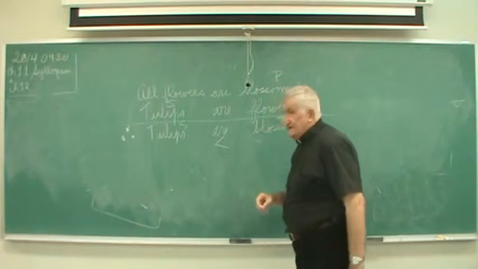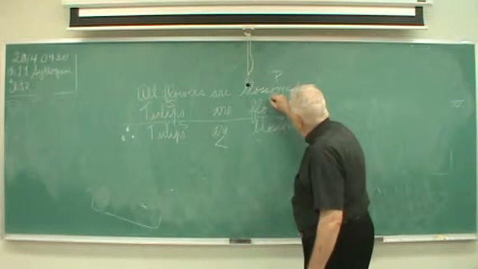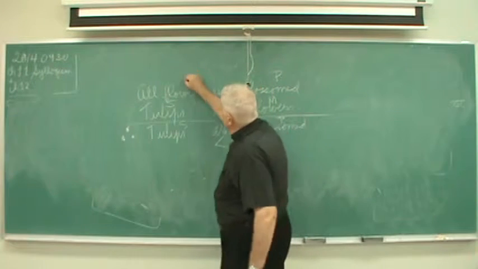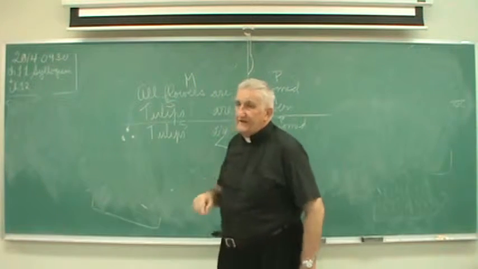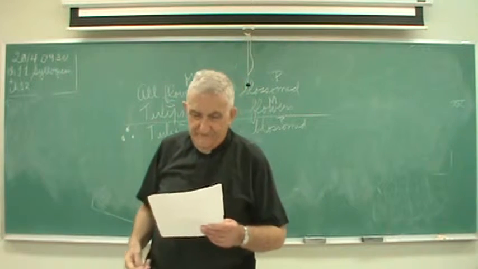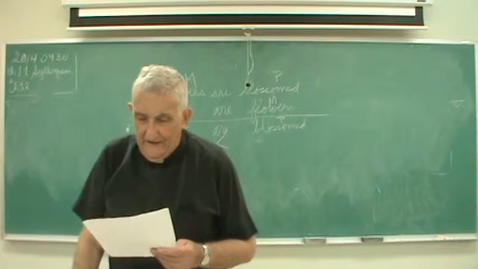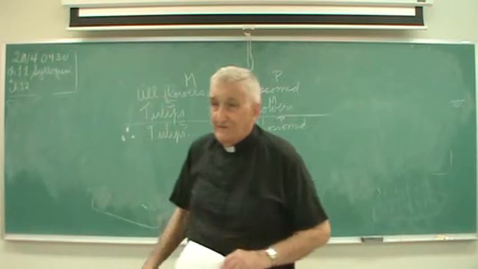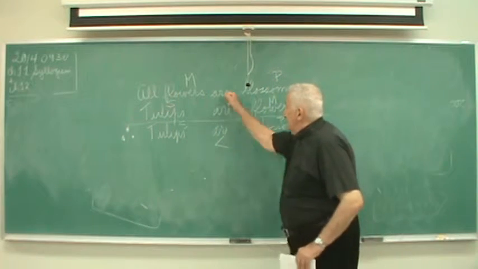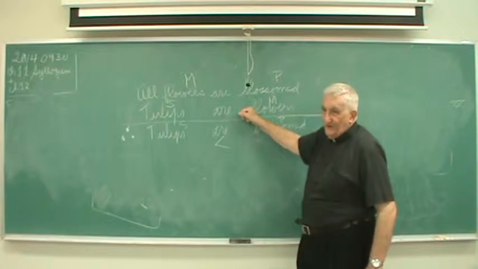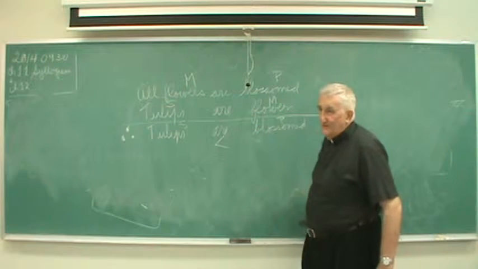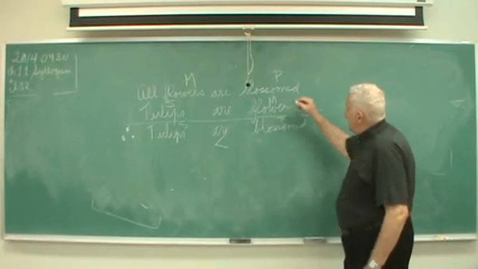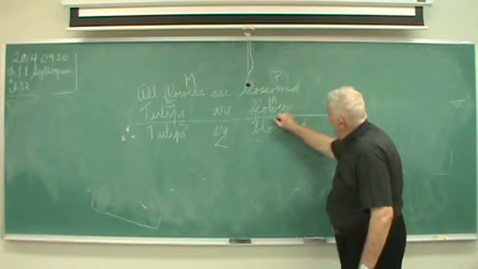And after, identify what? The middle term. So that's the first step to do: identify the terms. And sometimes, be careful, the propositions are not in the same order. So what indicates the major is the predicate.